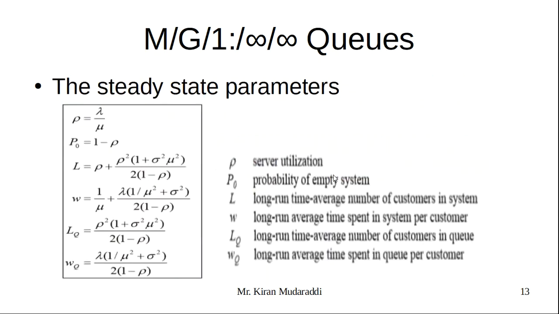So derivation is not required. We need to remember these formulas: rho, P naught, L, W, LQ and WQ. That is server utilization, probability of empty system, time average customers in the system, time spent per customer, LQ in a queue, and time average spent in the system.